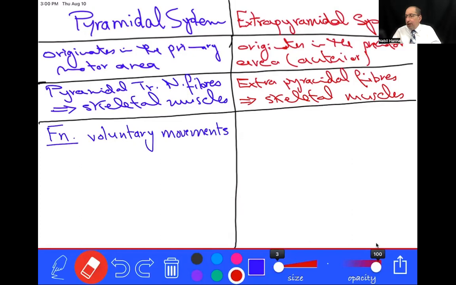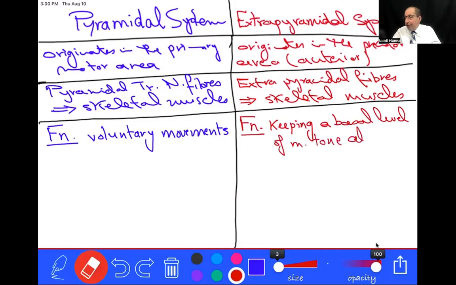Whereas the function of the extrapyramidal system is keeping a basal level of muscle tone at rest, which means when you are moving, your extrapyramidal system stops working, and now this is the turn of the pyramidal system.